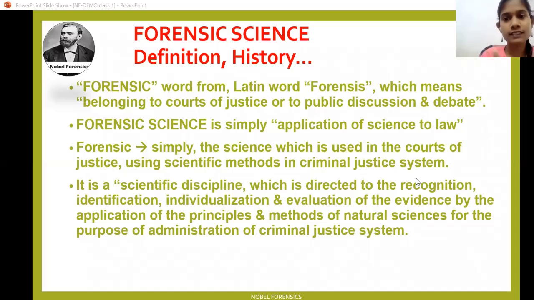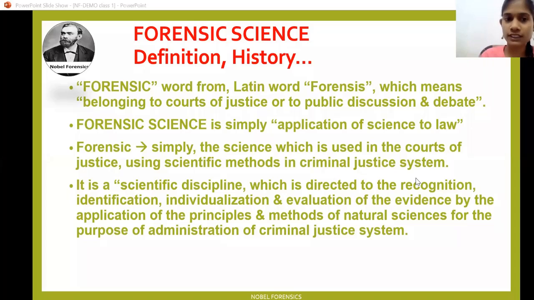Then the simple one is the application of science to law. If you understand the single line, application of science to law, you can easily understand the broad definition of forensic science. Forensic science is a scientific discipline which is directed to the recognition, identification, individualization and evaluation of the evidence, physical evidence, by the application of the principles and methods of natural sciences.